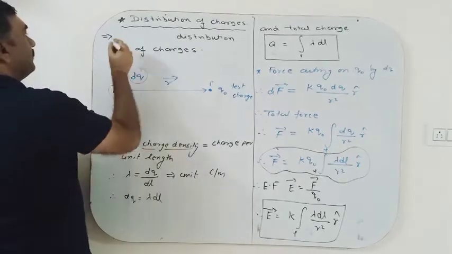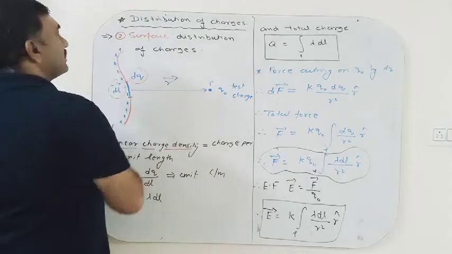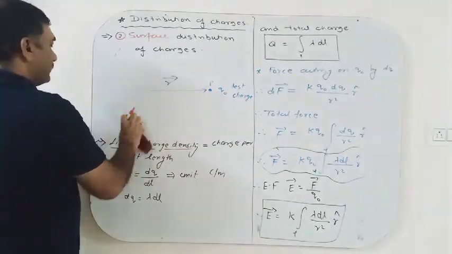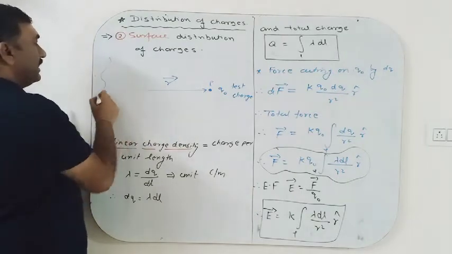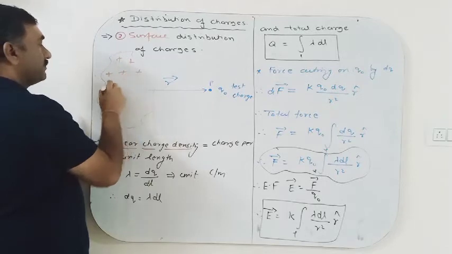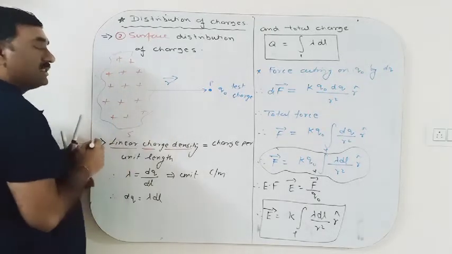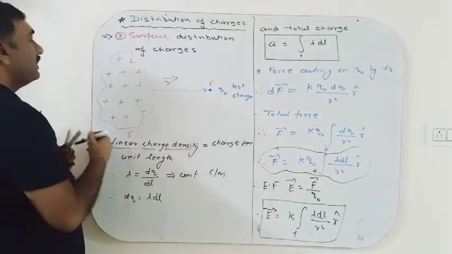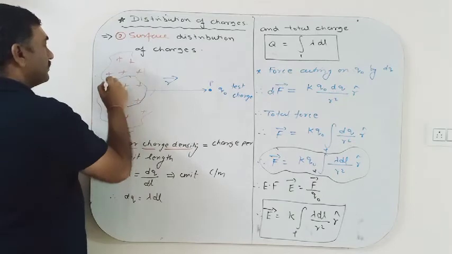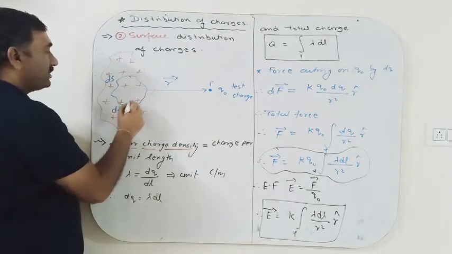We take a small surface, represented by S. On this surface we take a very small area ds, which carries a small charge dq.